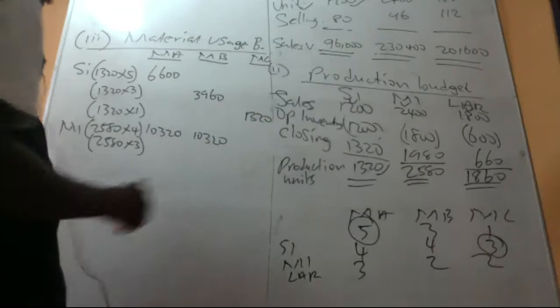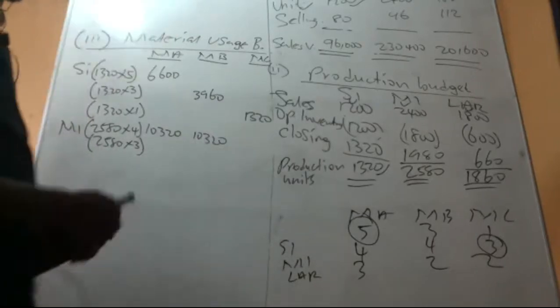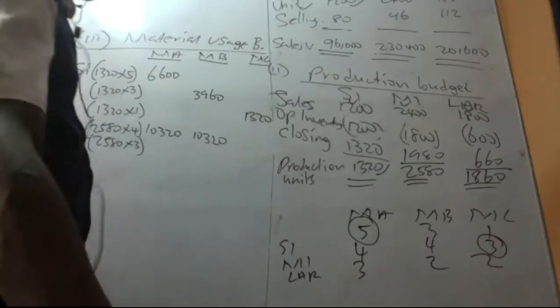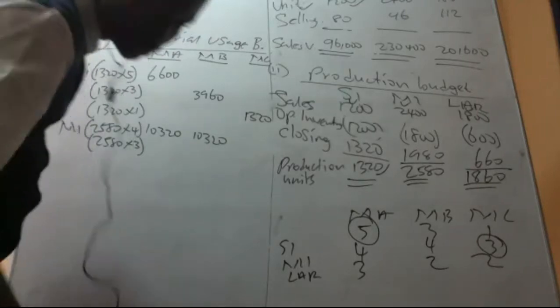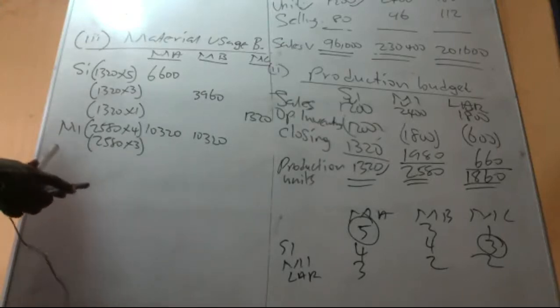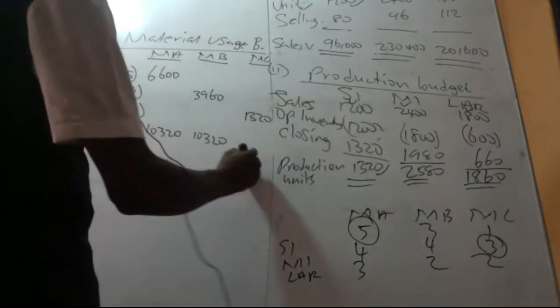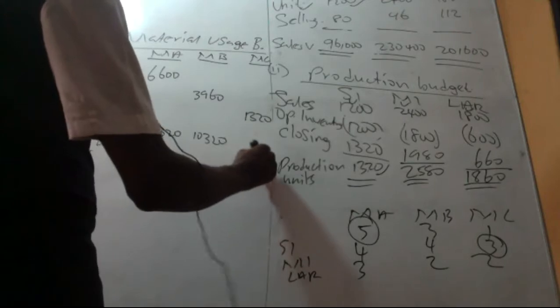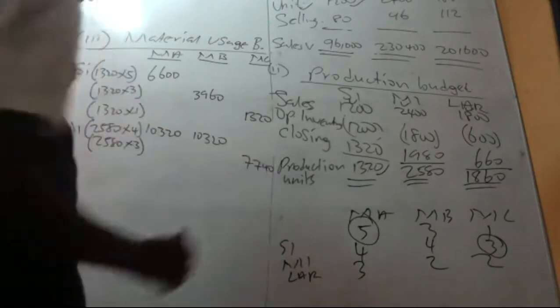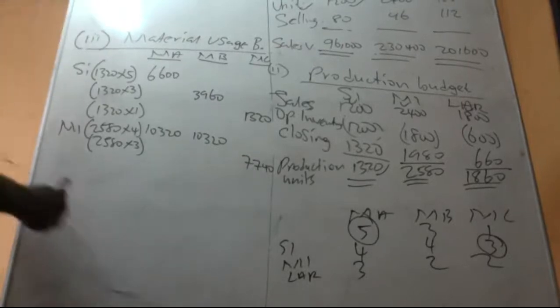That will give us 7740. So 7740 goes down. Okay, that's good. Now we are done with MI.